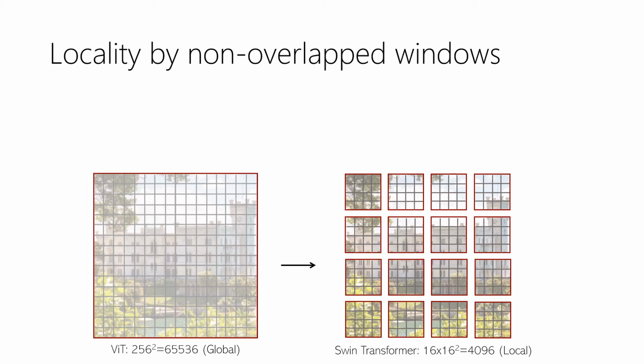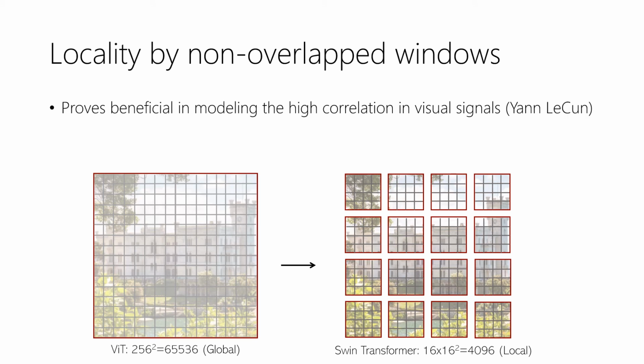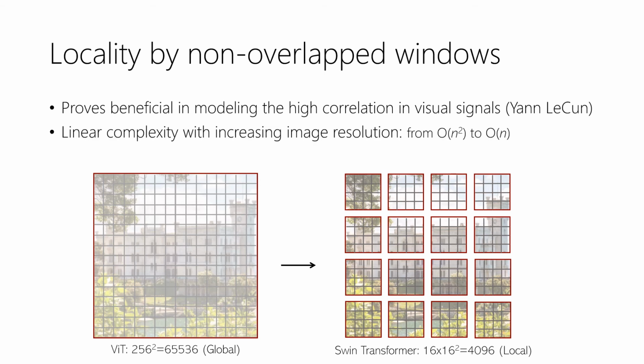The second good prior is called locality. Different from natural language, visual signals are highly correlated in spatial. Locality has proven very beneficial in modeling such high correlation data. Locality can also make the complexity linear to image resolution, instead of quadratic as in ViT. For example, please see the left image.